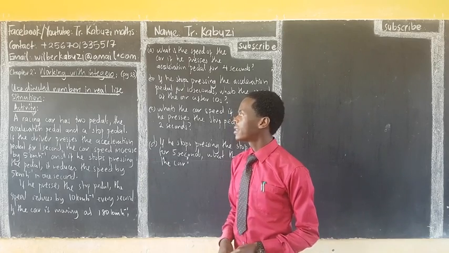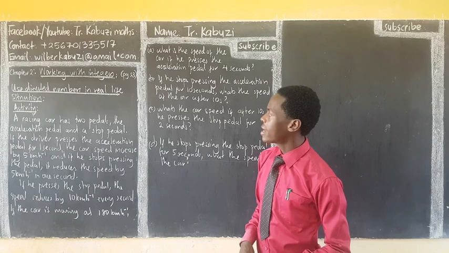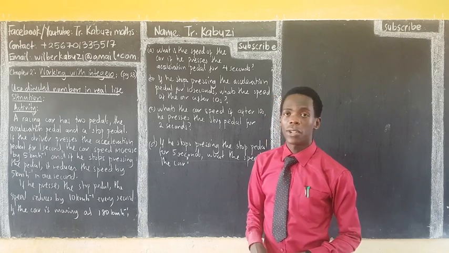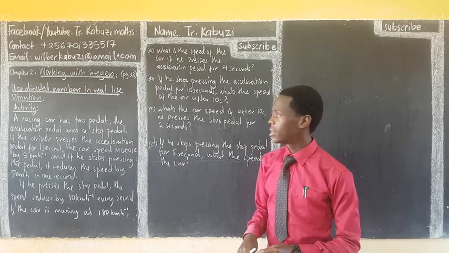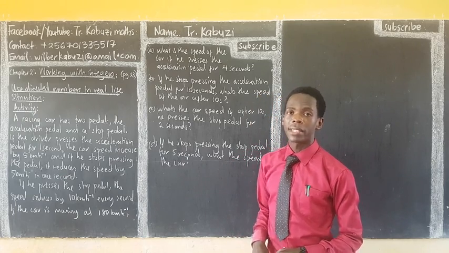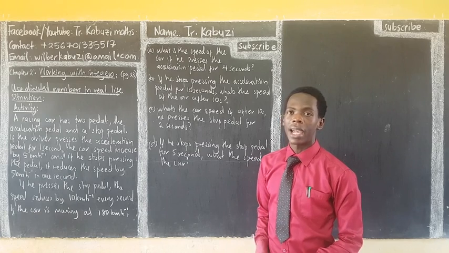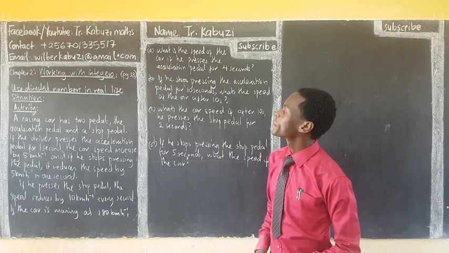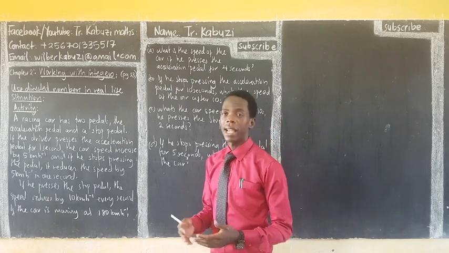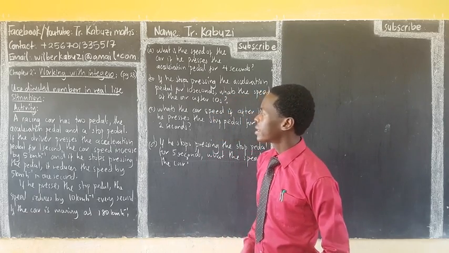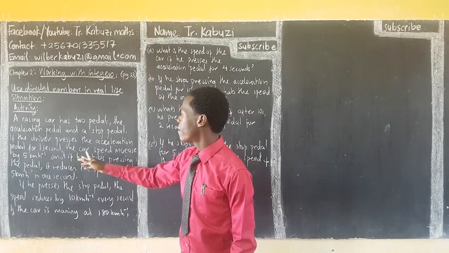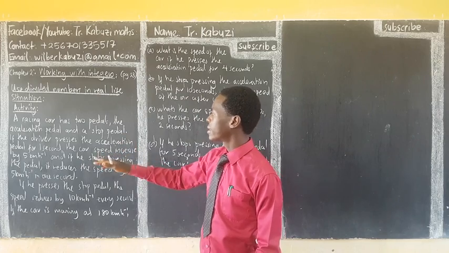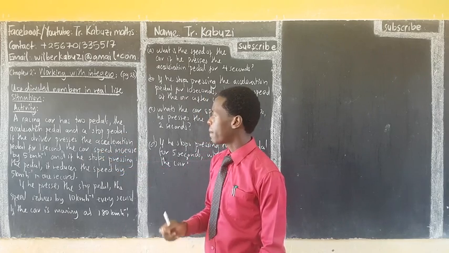A racing car has two pedals. The acceleration pedal means when you press it, the speed increases. If the driver presses the acceleration pedal for 1 second, the car speed increases by 5 kilometers per hour.